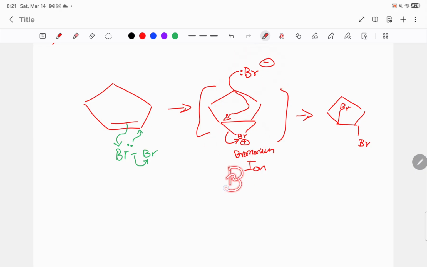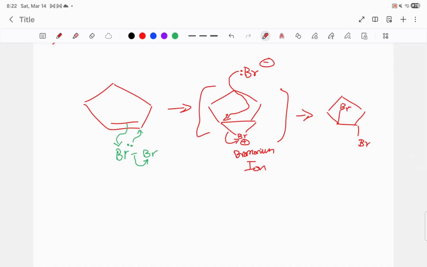Because the bottom is very hindered. It's shielded from attack, if you will. And so he has to attack from the top side, and this guy attaches to the bottom of the ring, okay? And what I generate is a trans dihalide or dibromo alkyl halide, or in this case, cycloalkyl.